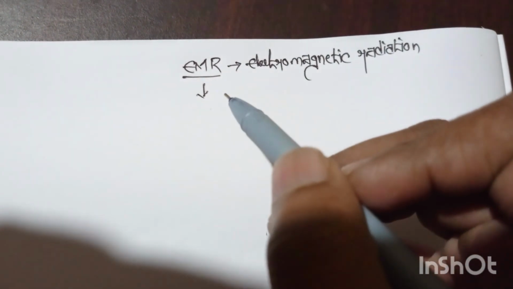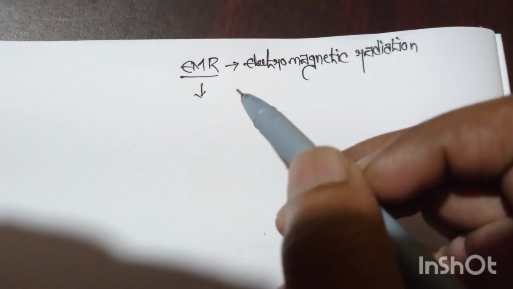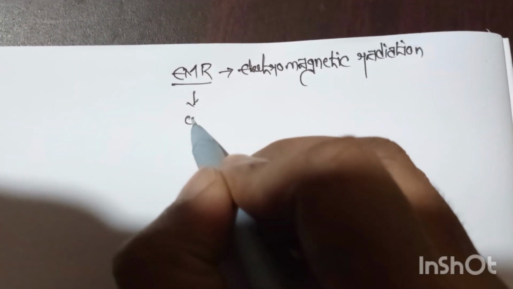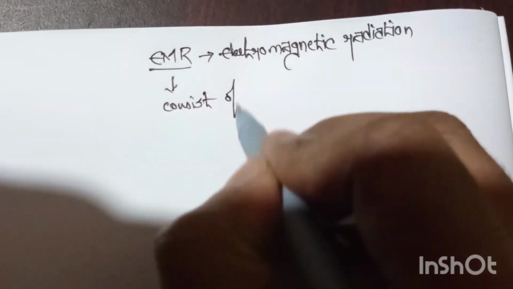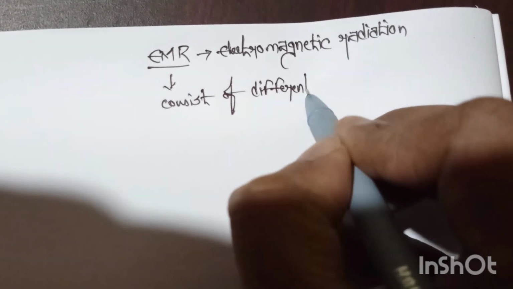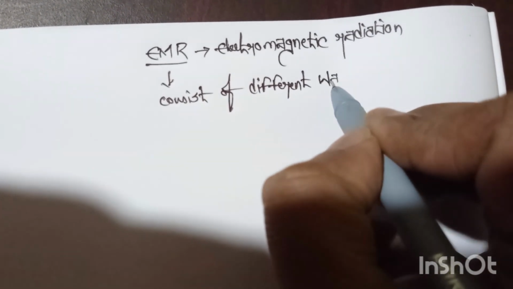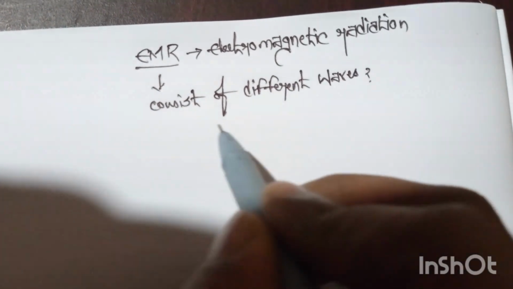So electromagnetic radiation consists of different waves. So what are those waves?